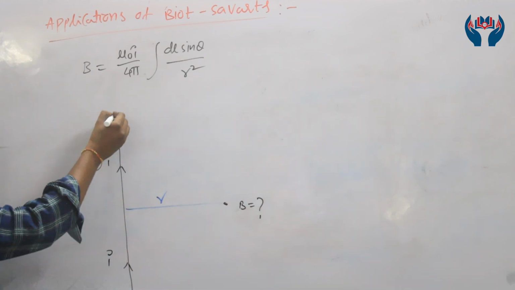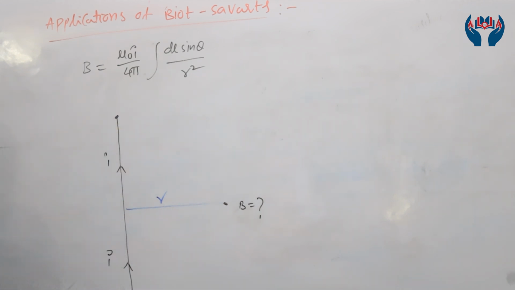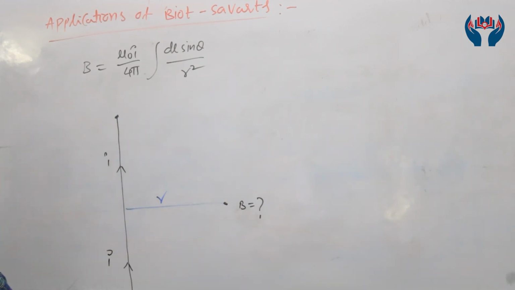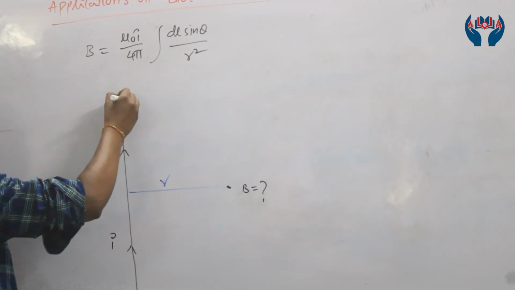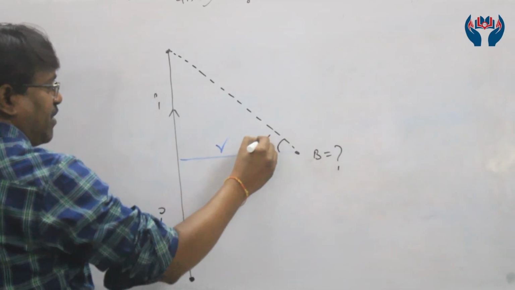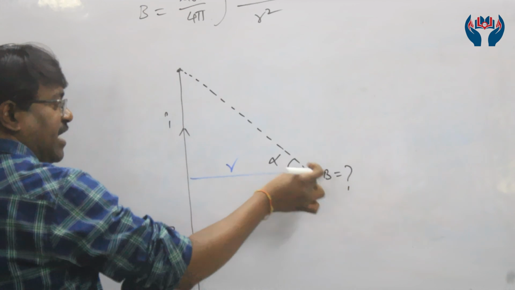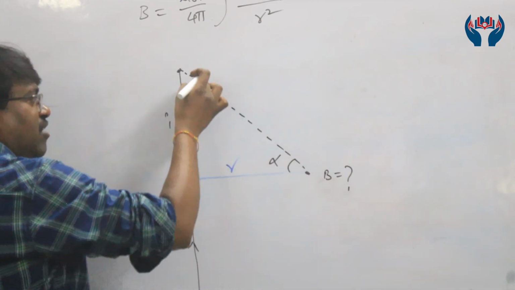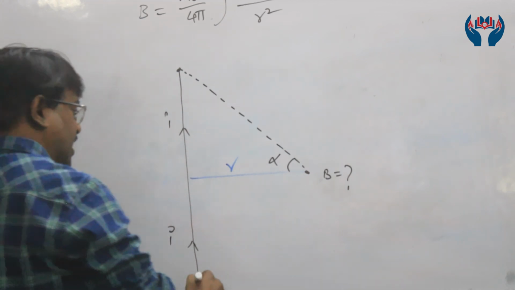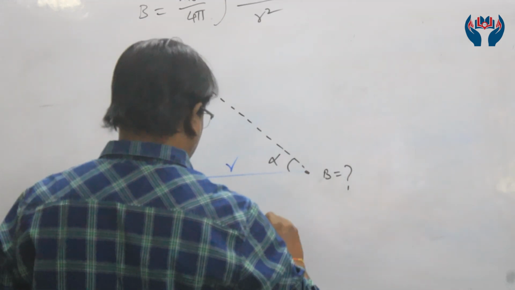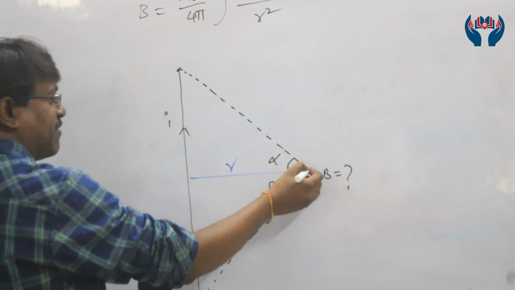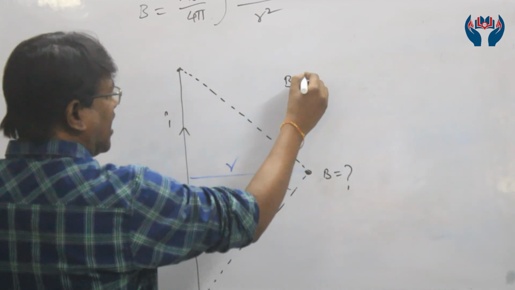This is one end of the conductor, this is the other end of the conductor, carrying a current I. Now, one end of the conductor makes an angle alpha at the measuring point. Another end of the conductor makes an angle beta at the measuring point. In terms of alpha and beta, what is the magnetic field at this point? That is B equals, remember this formula.